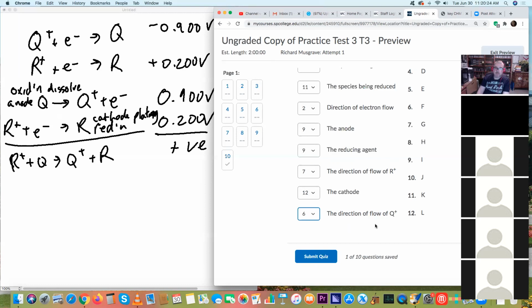Does anybody have any other questions about this or the redox reactions? All right. Okay. So, Miriam, was it you who had the question? Yes.